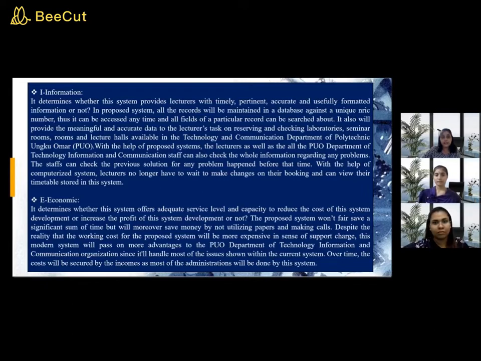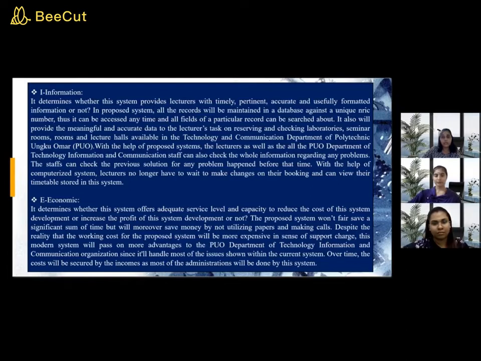Despite the fact that the operating cost for the proposed system will be more expensive in terms of support charge, this modern system will bring more advantage to the PO Department of Technology, Information and Communication Organization, since it handles most of the issues shown within the current system.